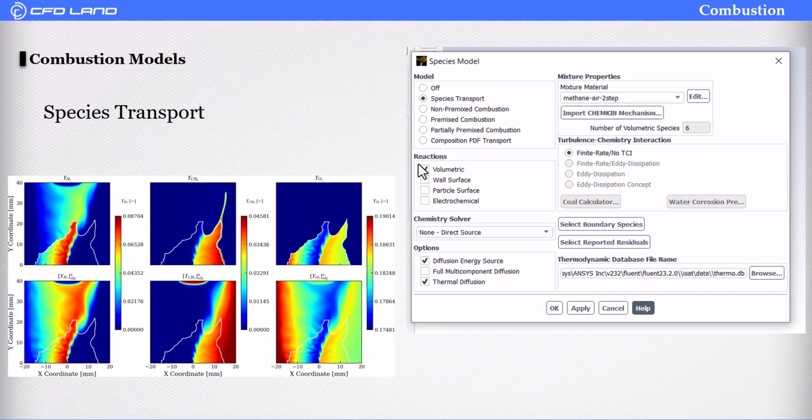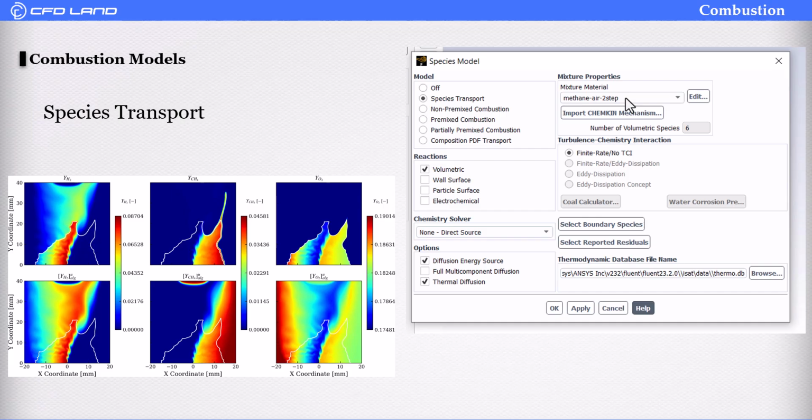Then you can choose reaction, volumetric. You can also check wall surface or particle surface or electrochemical depending on your problem. So for example, wall surface considers reactions that happen at the wall. Then in the mixture material, we choose our species, both reactants and products.